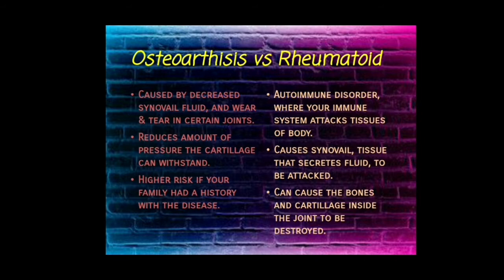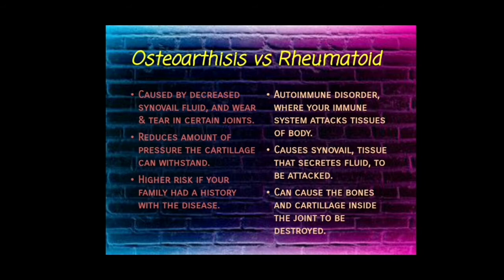When the amount of pressure that can be withstood by the cartilage decreases, this causes our tissue to be damaged, specifically joints. You have a higher risk of getting osteoarthritis if your family has a history with the disease, such as your mother previously having osteoarthritis.